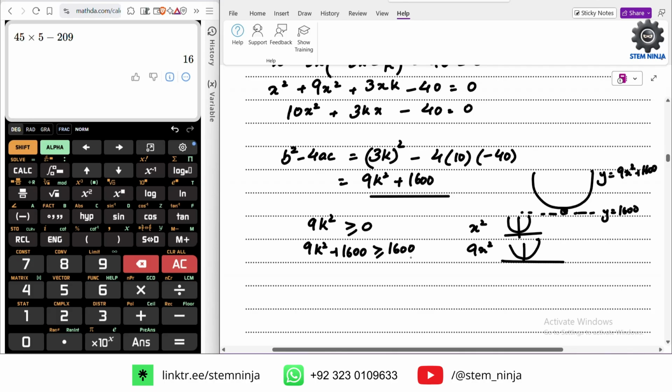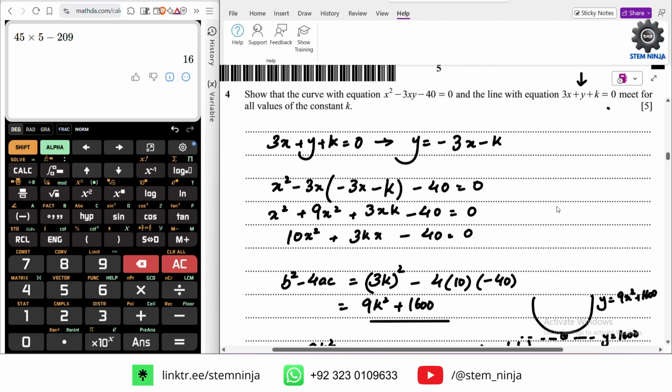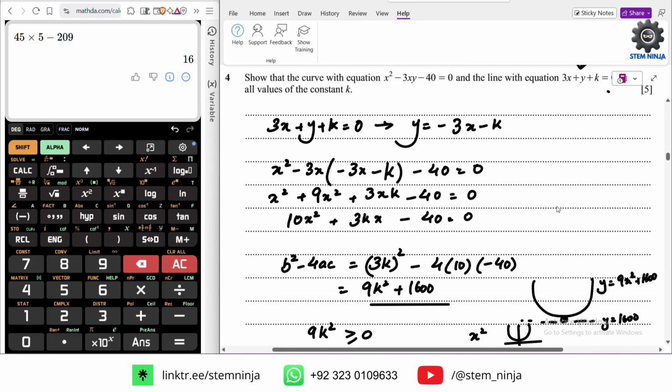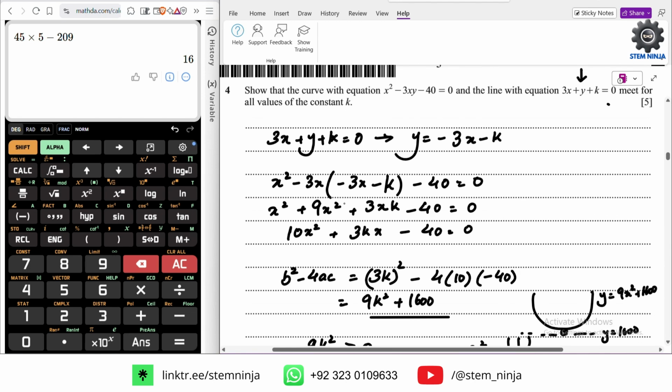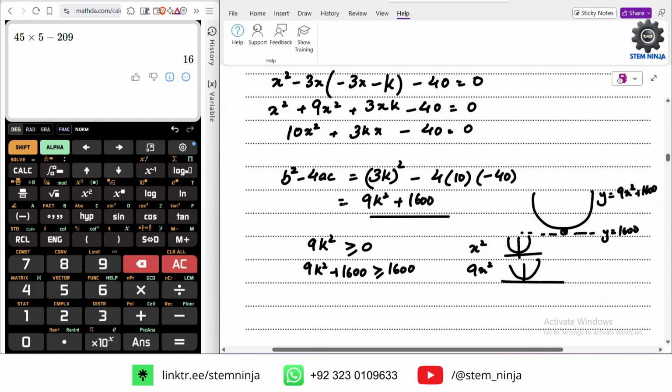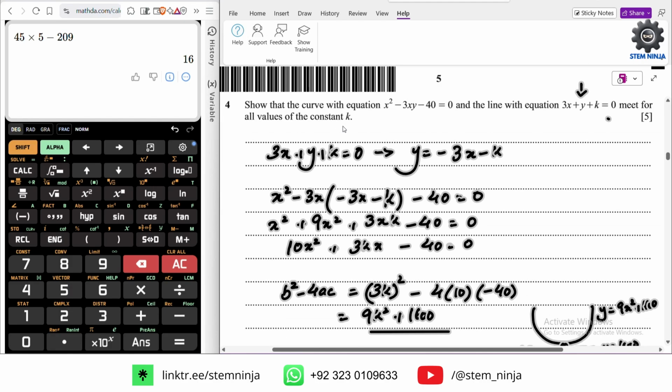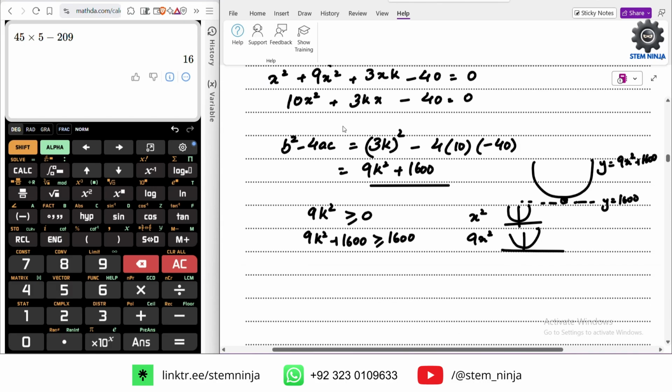So that's what we need. Do we have this for all the values of the constant k? Yes.